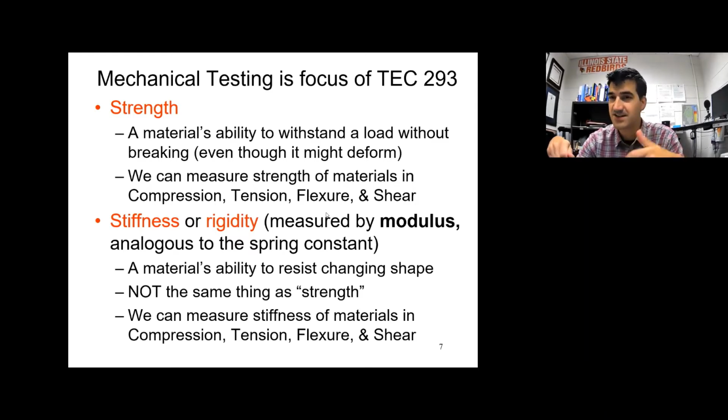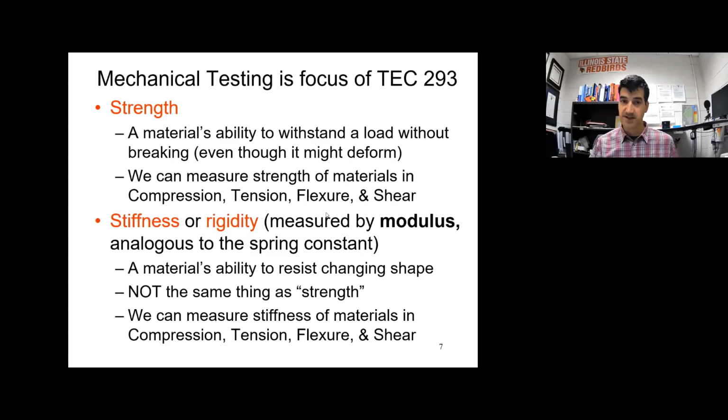It's actually analogous to the spring constant, how much force you have to apply to a spring to get it to deform by a certain amount. The reason we do lab 2 has to do with springs. There's a very intimate connection between a spring constant and the modulus of elasticity of any other material. We'll talk more about that connection later on. But basically, stiffness or rigidity is the material's ability to resist changing shape.